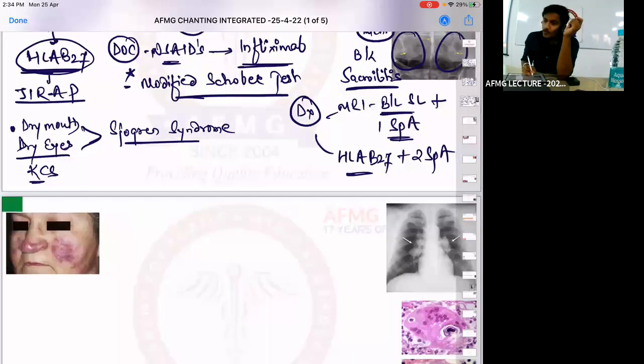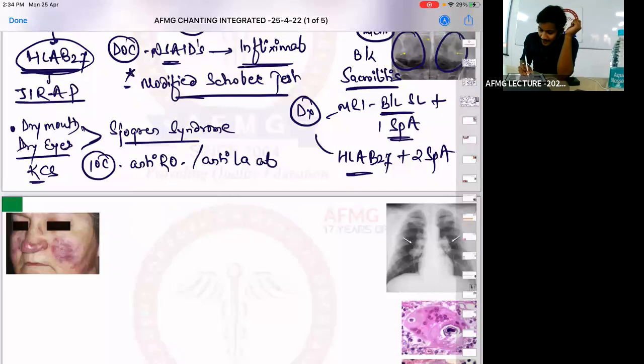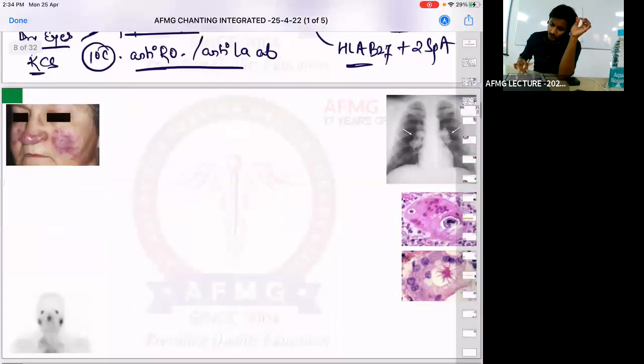In Sjogren syndrome, the antibodies are anti-Ro and anti-La. Which two antibodies are seen in Sjogren syndrome? Anti-Ro SSA and anti-La SSB antibody. No issues. Moving further.